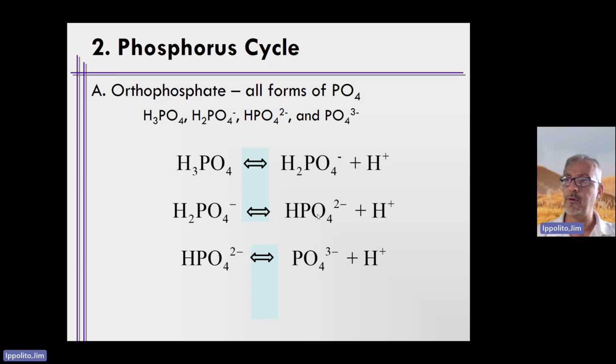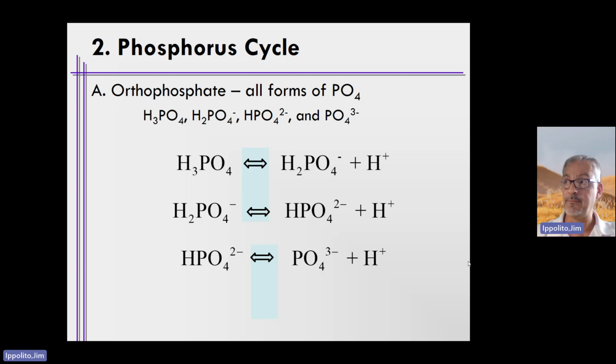HPO4 is also referred to as orthophosphate, just like H2PO4, and HPO4 can be taken up by plants as well. If you continue with the third equation, HPO4 can dissociate to form orthophosphate as PO4 and release a free hydrogen ion that's likely neutralized. Now I can tell you that PO4 and H3PO4 are not taken up by plants.